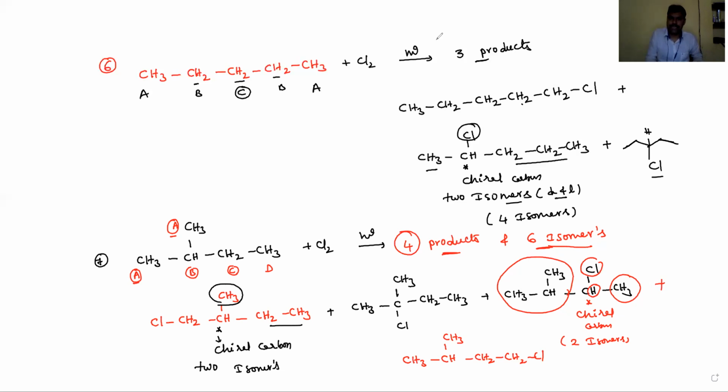Another important monohalogenation example is neopentane. On monohalogenation, how many products will we get?